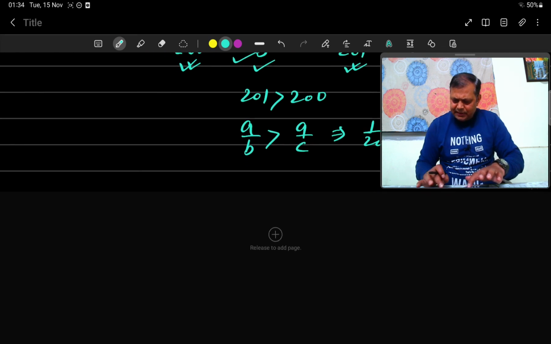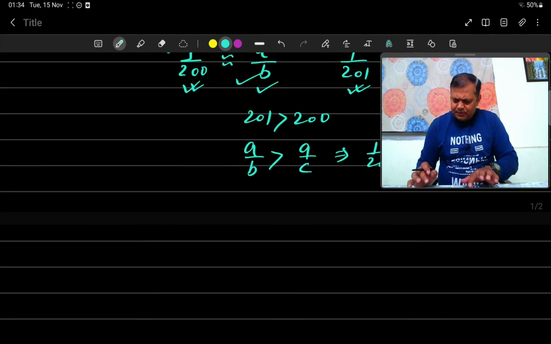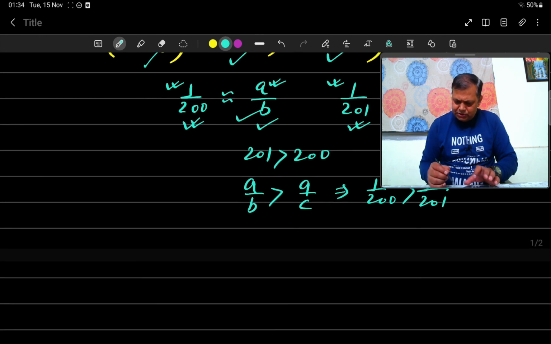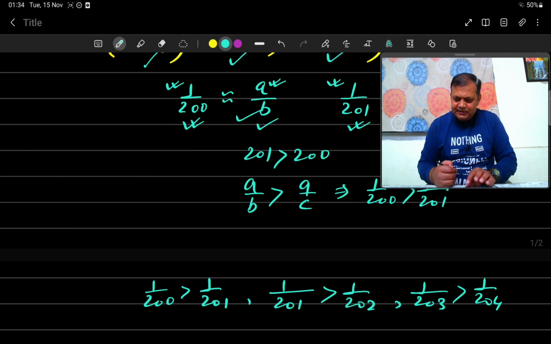So you can say that 1 by 200 is greater than 1 by 201. Similarly, 1 by 201 is greater than 1 by 202. Similarly, 1 by 203 is greater than 1 by 204.